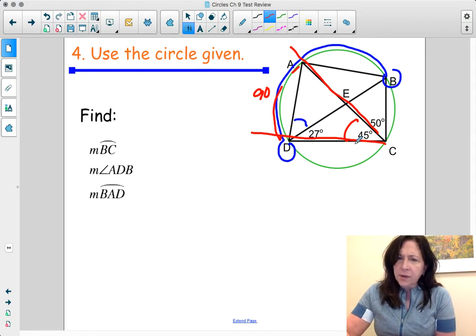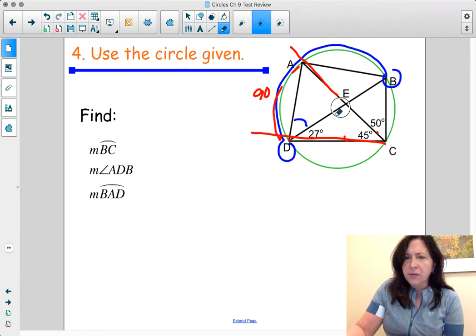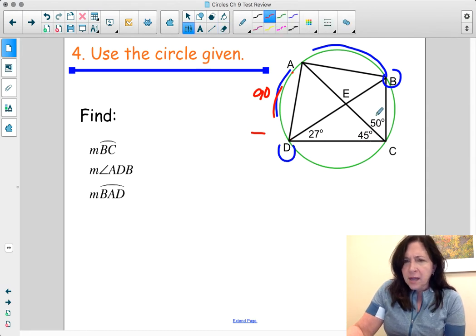Let's see what we know. I'm going to erase some of this stuff in here. I also know that this is a quadrilateral inscribed in a circle, and that means that all my vertices are touching. So that means that opposite angles are supplementary.